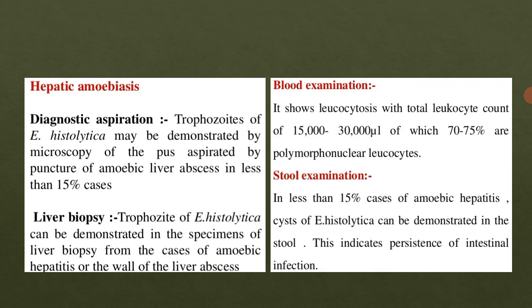Then the blood examination and the stool examination: in the blood it again shows leukocytosis, with a total leukocyte count of 15 to 30,000 per microliter, of which 70 to 75% are polymorphonuclear leukocytes, present due to the proliferation of the cyst inside the blood.